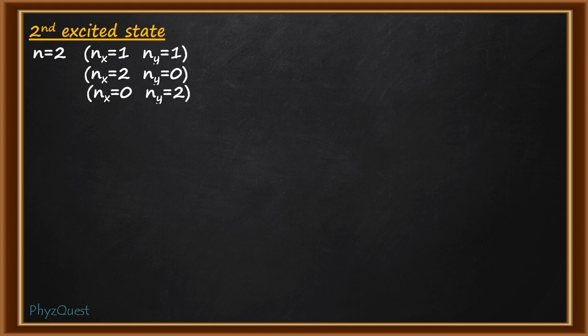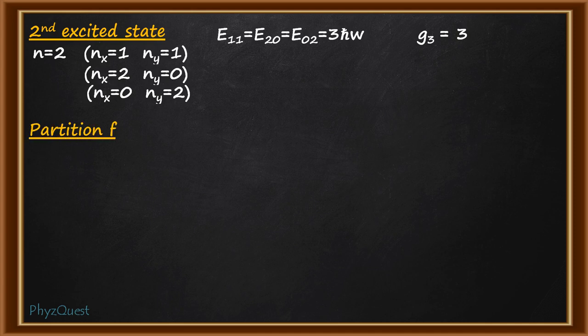Here the energy will be E11 equal to E20 equal to E02 equal to 3h cross omega. Again, this energy is achieved by three possible combinations of the quantum states. So this is threefold degenerate. That means the degeneracy G3 will be equal to 3. Now let us calculate the partition function.